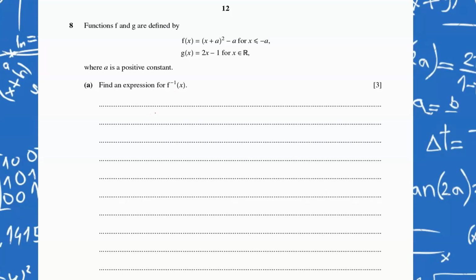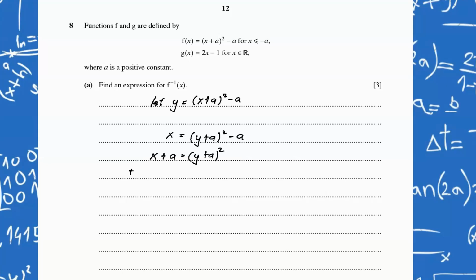All right, so here I'll let y be equal to (x + a)² - a, and I'll interchange the variables. So x is equal to (y + a)² - a. I'll make y the subject, so x + a is equal to (y + a)².